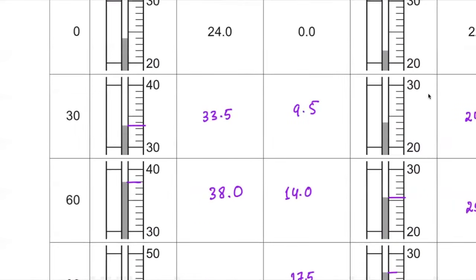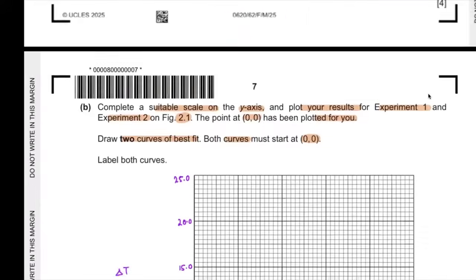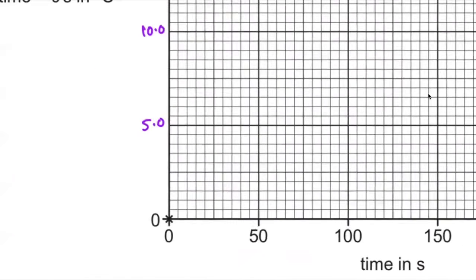So at 30 seconds, now we are doing for experiment 1. At 30 seconds, the change in temperature is 9.5. So 30 is over here, and 9.5 is going to be this point.